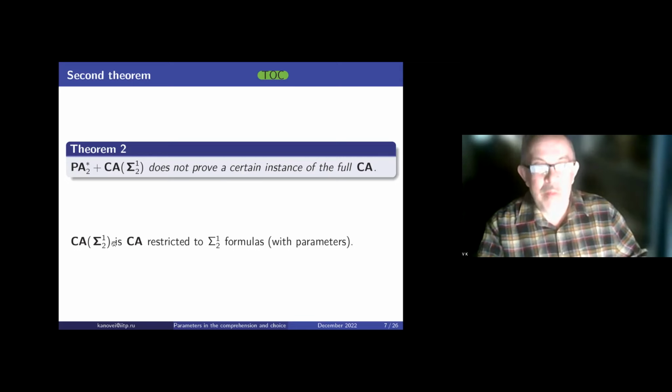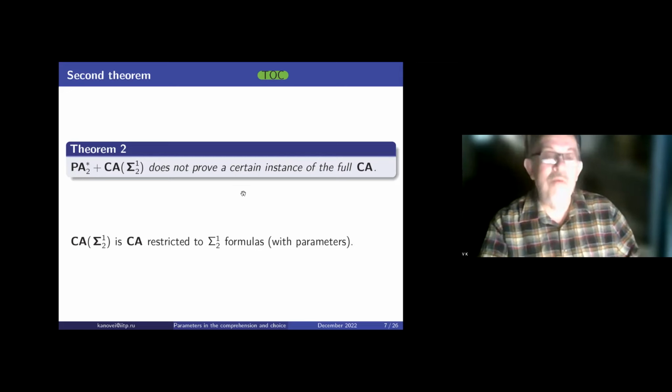Actually, it will happen to be sigma 1,4. Well, so this is the second result, and it's much more involved. Let me just sketch the construction of a model which proves this theorem.